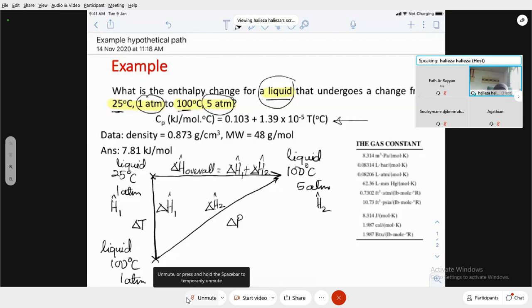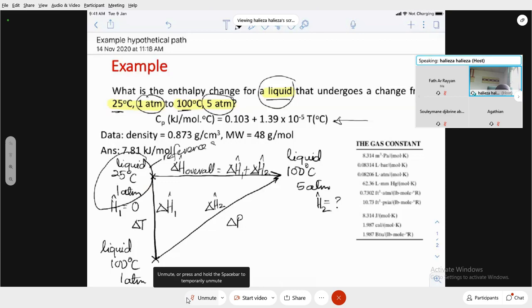Now, H1, H2. You're going to find H2. For example, if you're going to find H2, then H1, you're going to give it as your reference state. So this is going to be your reference state. Why is it a reference state?